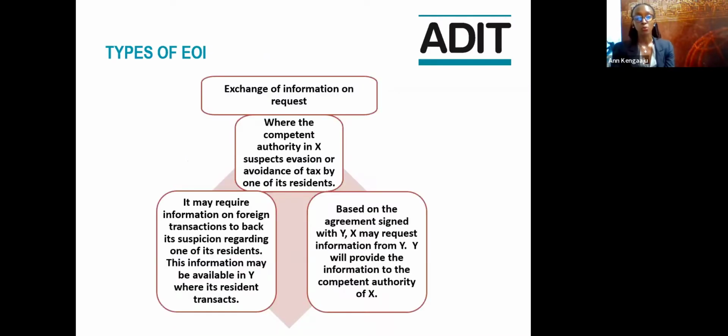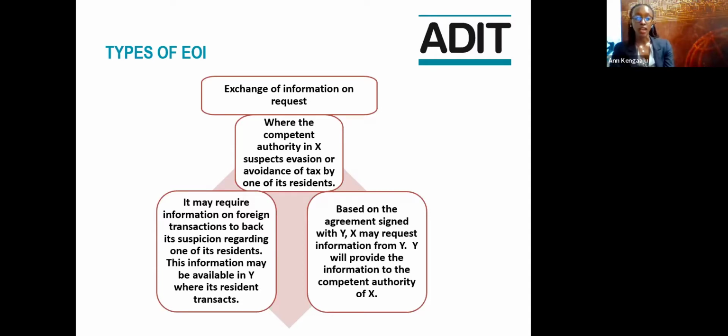So the other and most common method or type of exchange of information is the exchange of information on request, which occurs in instances where there's an exchange of information agreement and one state has a specific case under consideration.